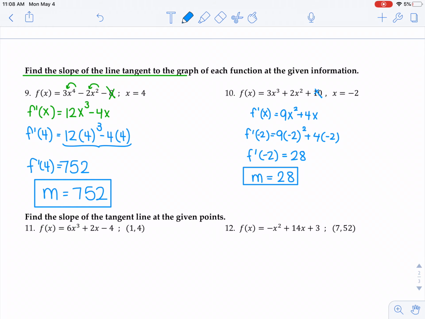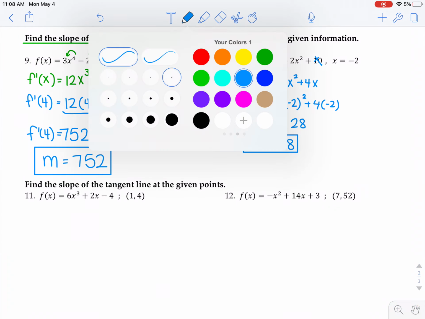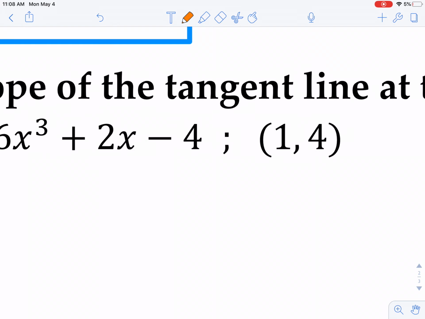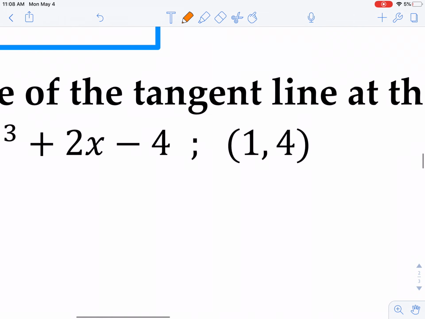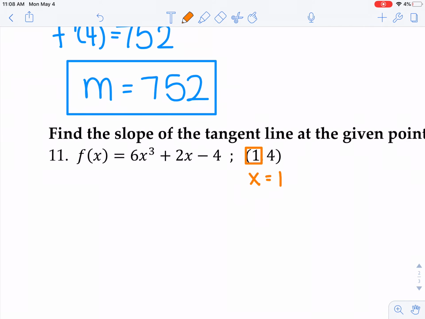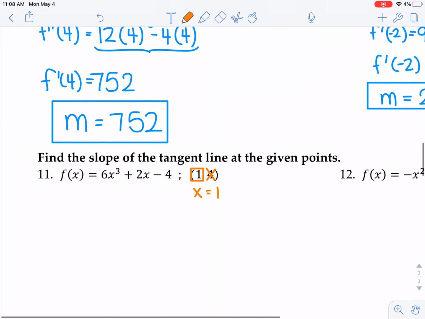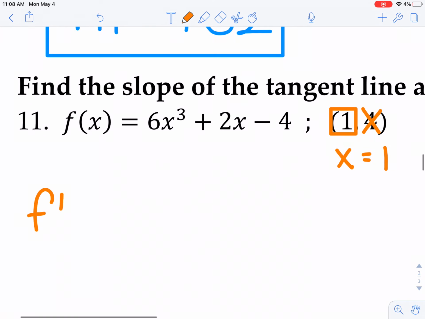Okay, so all we're doing to find the slope of the tangent at the point is find the derivative and plug in the x value. Now the next one might throw you off a little bit. Instead of giving you an x value, I'm giving you a point. But for right now, all I care about is the x value. I'm just plugging in the x value only, right? For today, we're going to ignore the y value of the point. So same thing. Find f prime of x.